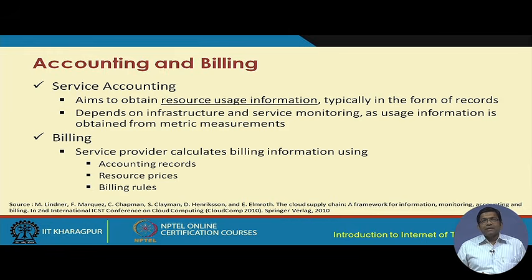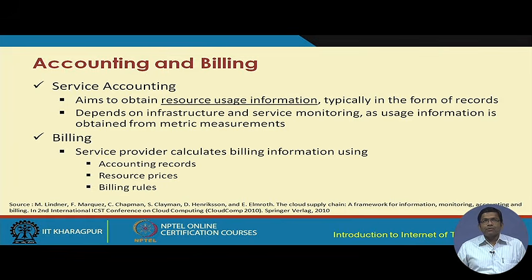Keeping track of this information about resource use, which is typically in the form of records, the customers will be billed based on the accounting records, the resource prices and the billing rules.